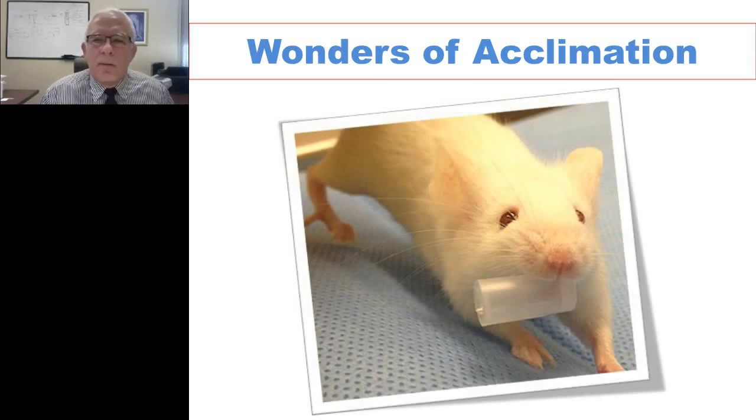Let me tell you about the miracles of acclimation. Many of us have ordered animals from Charles River, from Heartland, from your provider in Europe, wherever you're at. But think about this. You place the order.